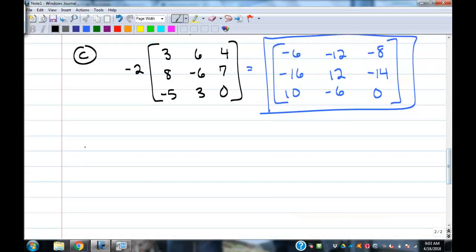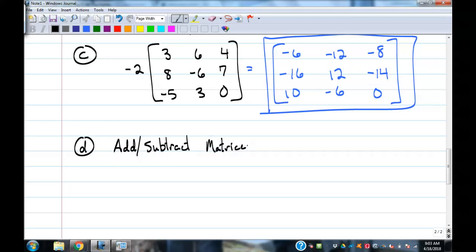Now, we talked about scalar multiplication. Let's talk about adding and subtracting. If you're going to add and subtract matrices, they must be equal sized.